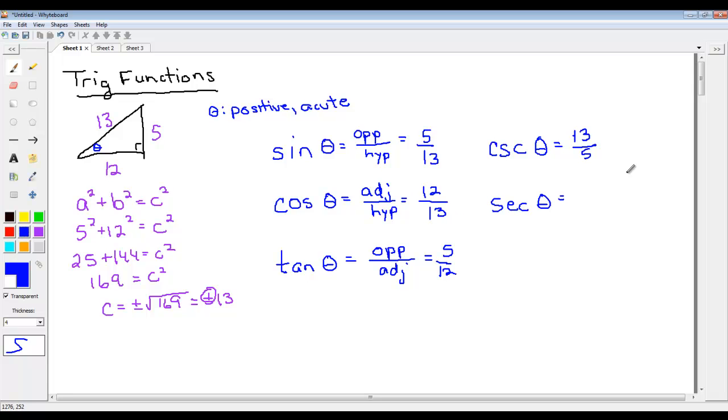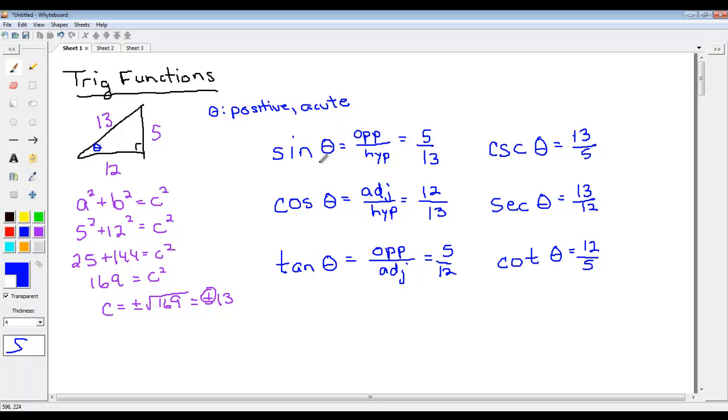Since cosine is 12 over 13, we're going to have 13 over 12. And then tangent, its reciprocal is cotangent. So instead of 5 over 12, we'd have 12 over 5. And now we've got the values of all 6 trigonometric functions.